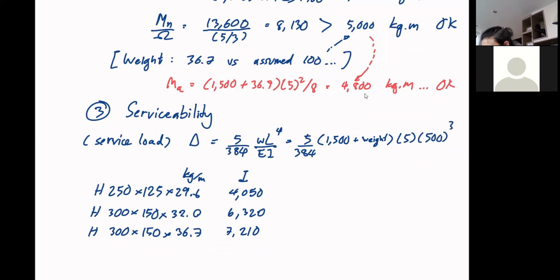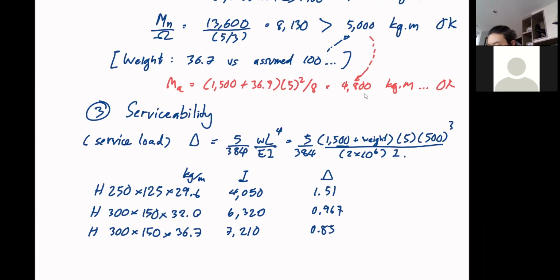That's how I do it. And then E is roughly 2 million, and then divided by I of each member. Now, after doing this, I got the deflection here equal to 1.51 centimeters. This is 0.967, and this is 0.85.